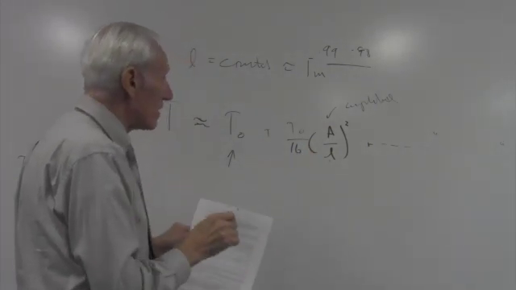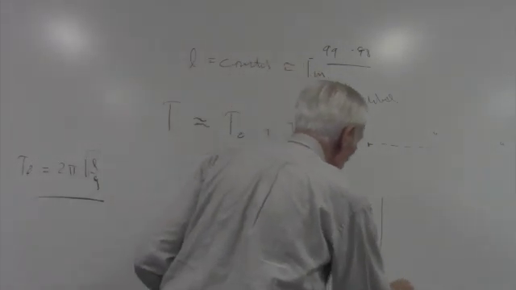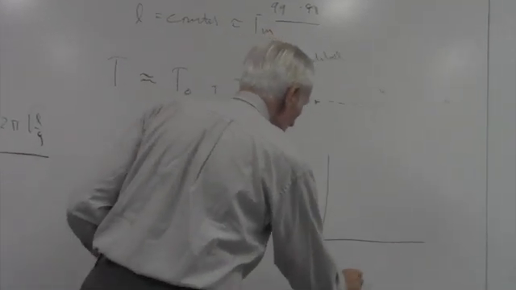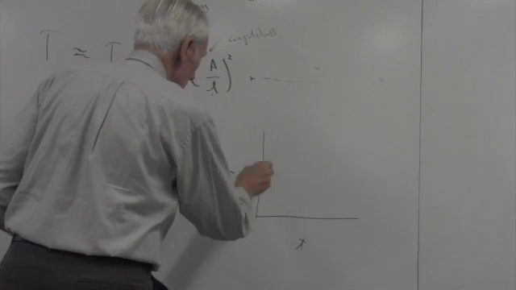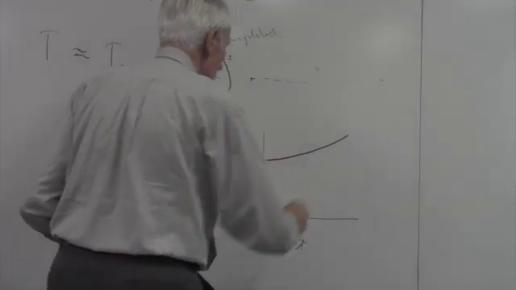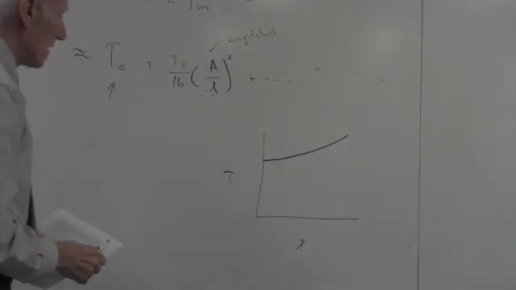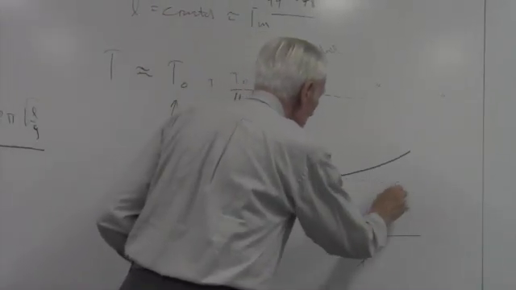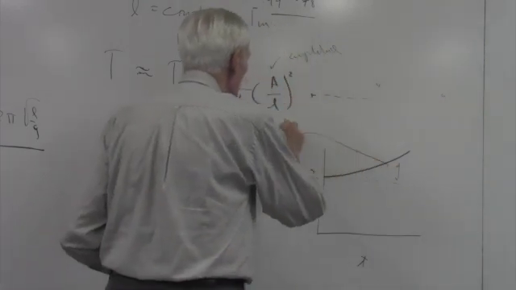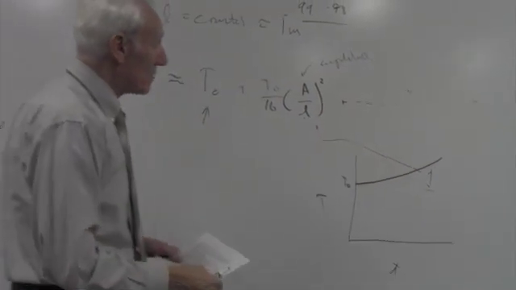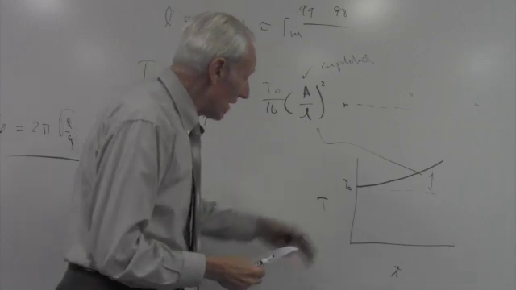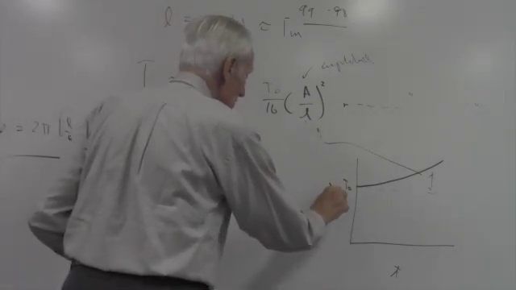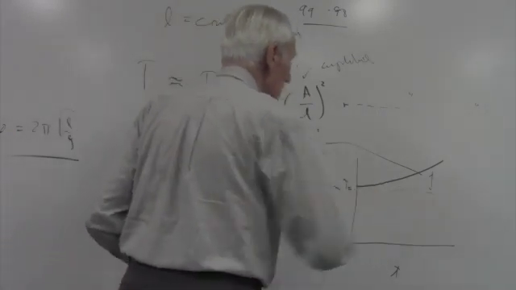So when you graph this, you're going to get a plot of period versus amplitude that looks like this. This is T0. And this distance here is this correction term. I've exaggerated that distance. If you just graph this with T0, which is about 2 seconds, it's going to look like pretty much a straight line.